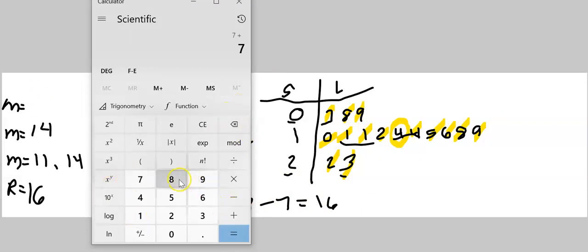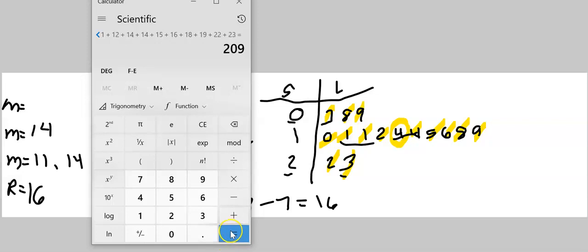7 plus 8 plus 9 plus 10 plus 11 plus 11 plus 12 plus 14 plus 14 plus 15 plus 16 plus 18 plus 19 plus 22 plus 23.